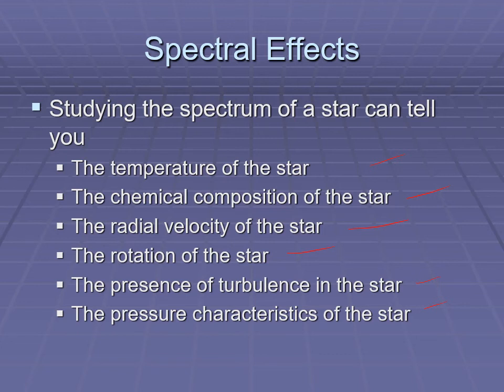And so you can also use this on Earth. You can look at the spectral characteristics of something and figure out what it's made out of. So they do this, for example, with crime scene investigations. They find this weird little substance, they don't know what it is, so they do spectral analysis of it and find out what it's made out of. So there are all kinds of applications of this outside of just astronomy.